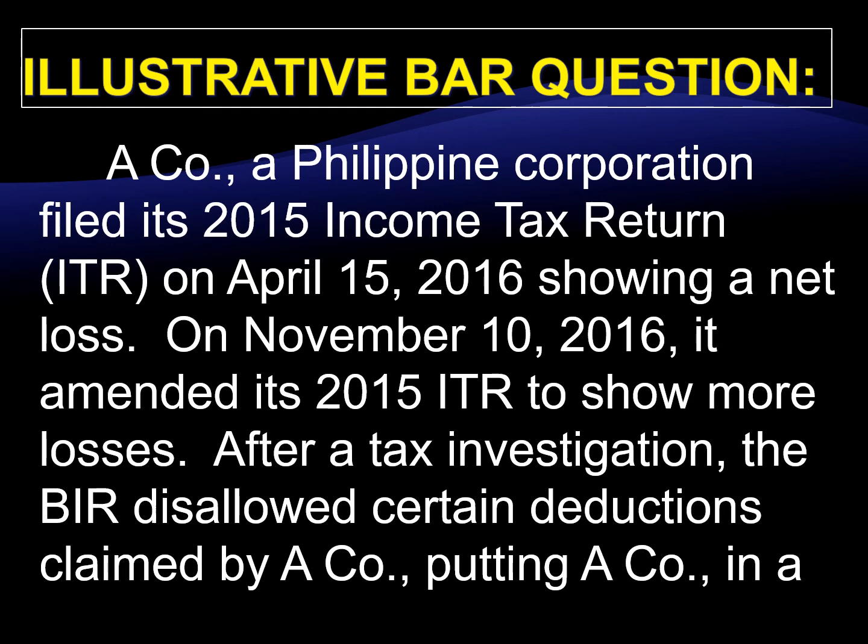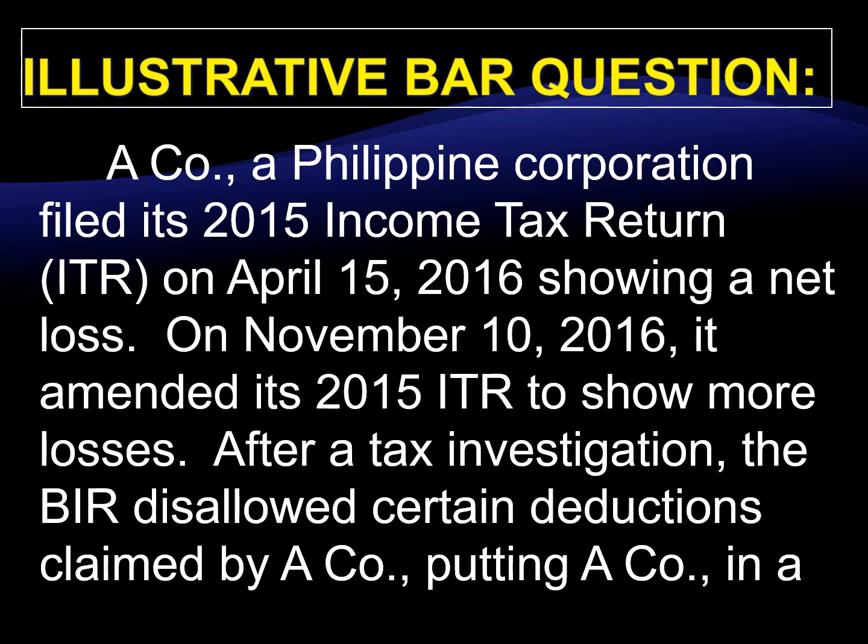Here you would note that the corporation probably is using the calendar year and not the fiscal year, and therefore it should file its tax return no later than April 15 of 2016. And therefore the Bureau of Internal Revenue has a period of 3 years from April 15, 2016, within which to issue an assessment notice, and consequently, the period of prescription is from April 16, 2016 up to April 15, 2019.